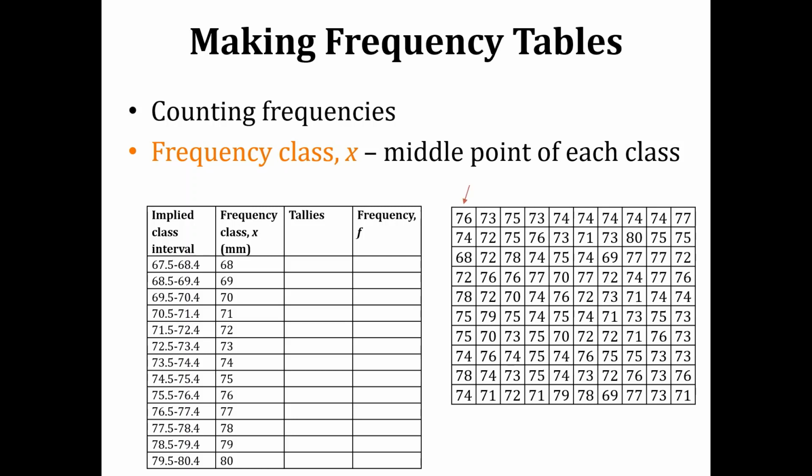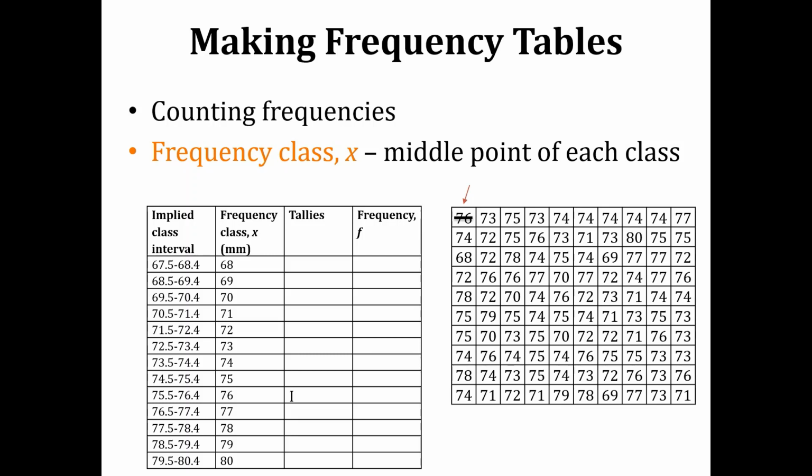So the first observation that we can see in this data is 76. Now we have to find out which class has the 76 value, and we are going to put a tally mark in front of that class. So you can see that we have put a tally mark against that class interval, and then we are going to cross this one out, since we have included it in our frequency table.